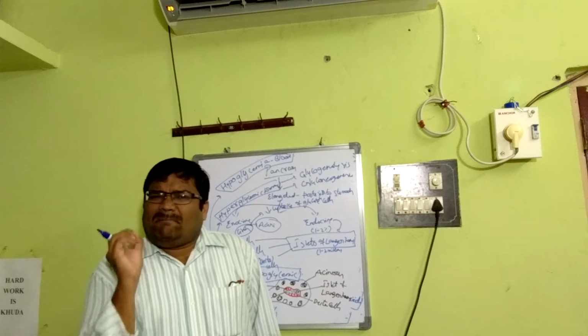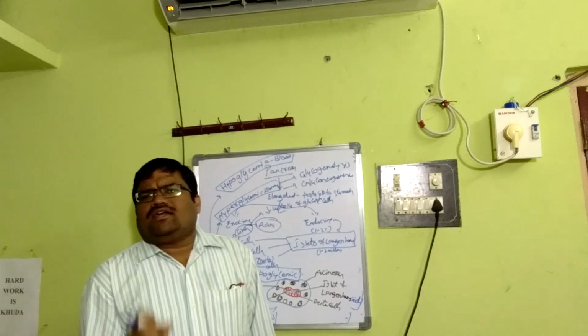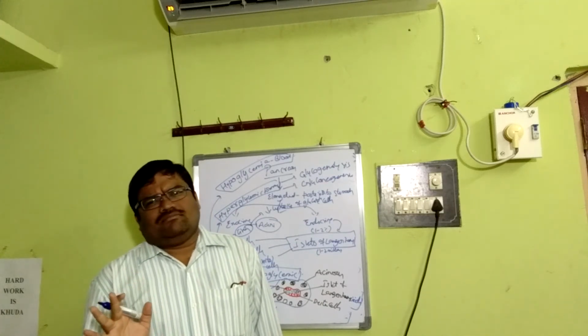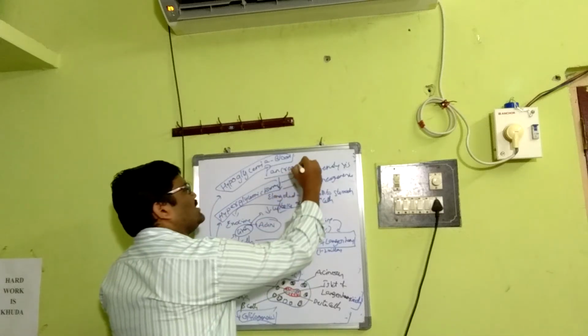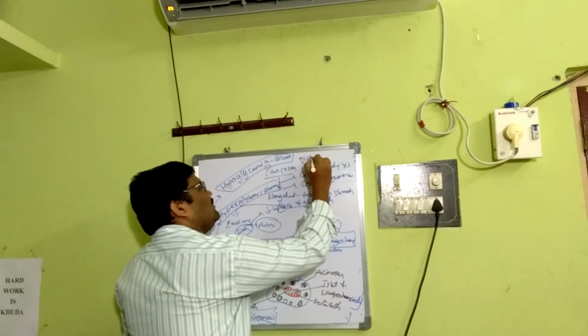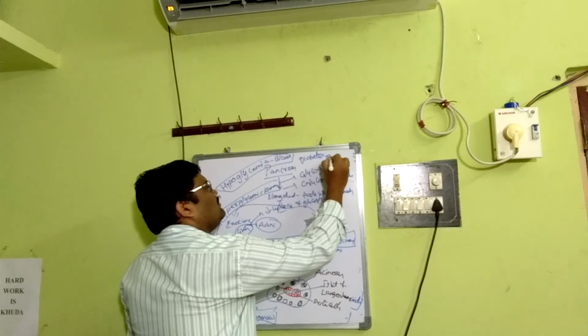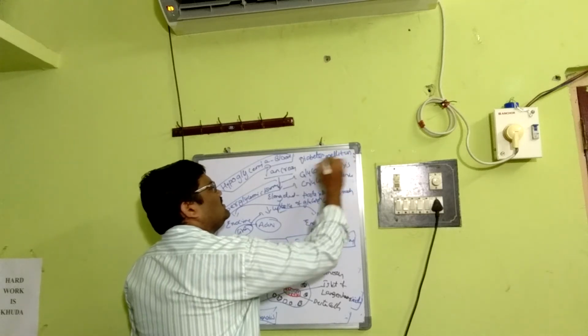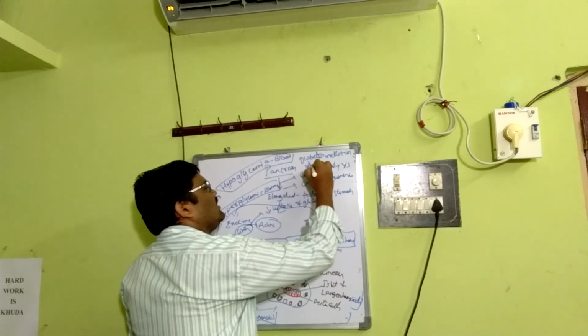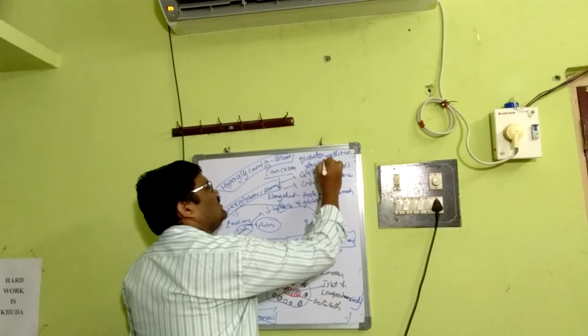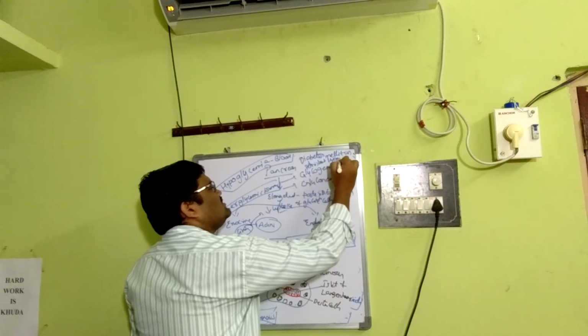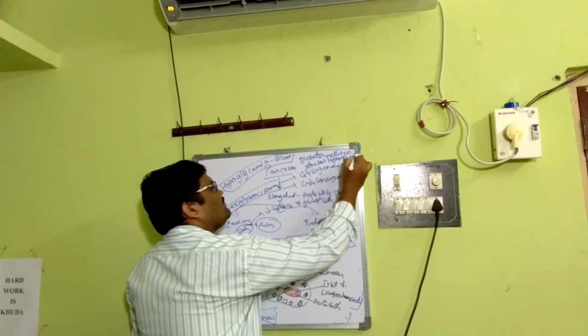There is a disorder: persistent hyperglycemia leads to diabetes mellitus. This is very important.